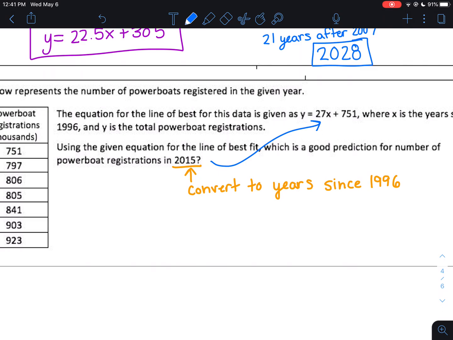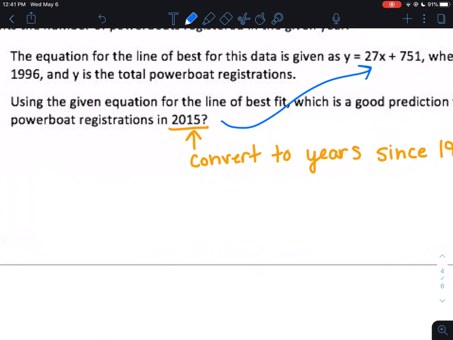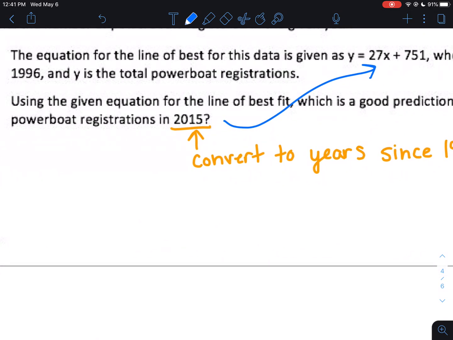Okay, so 2015 will be 19 years since 1996, right? So we plug in 19 for x.